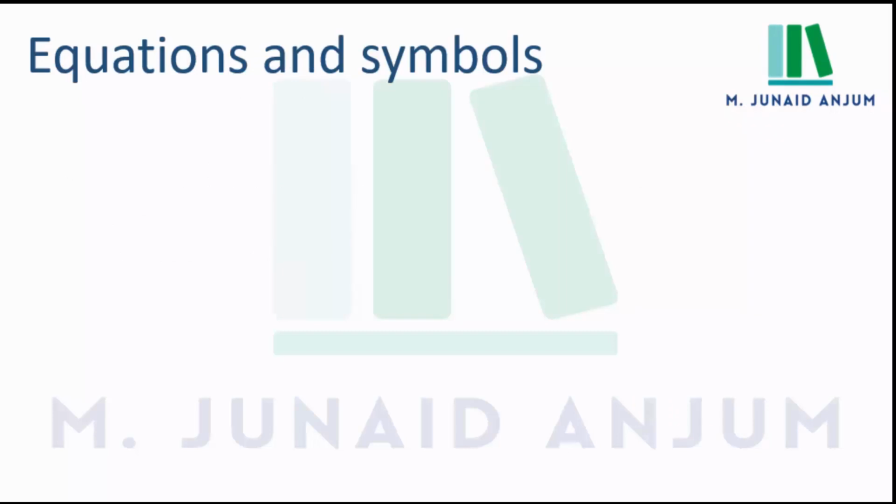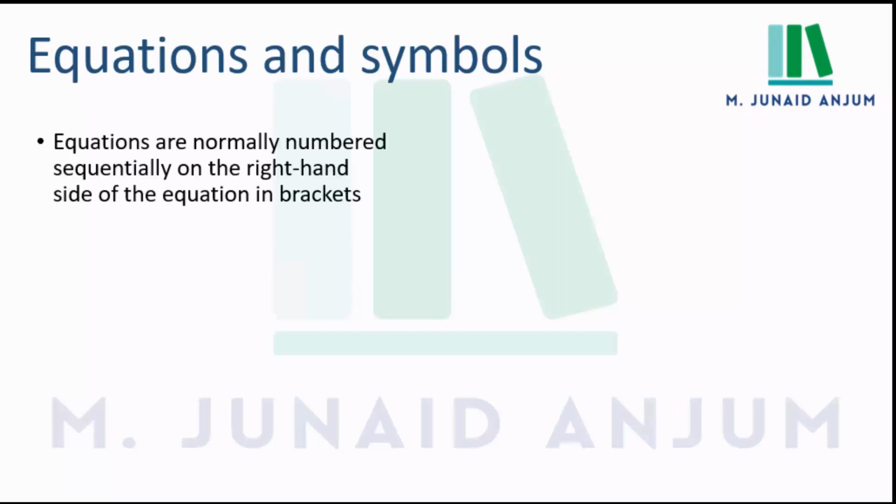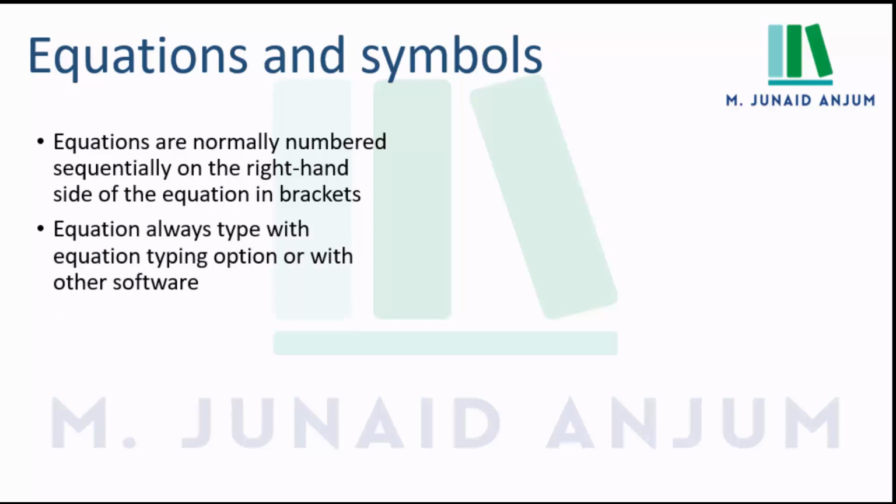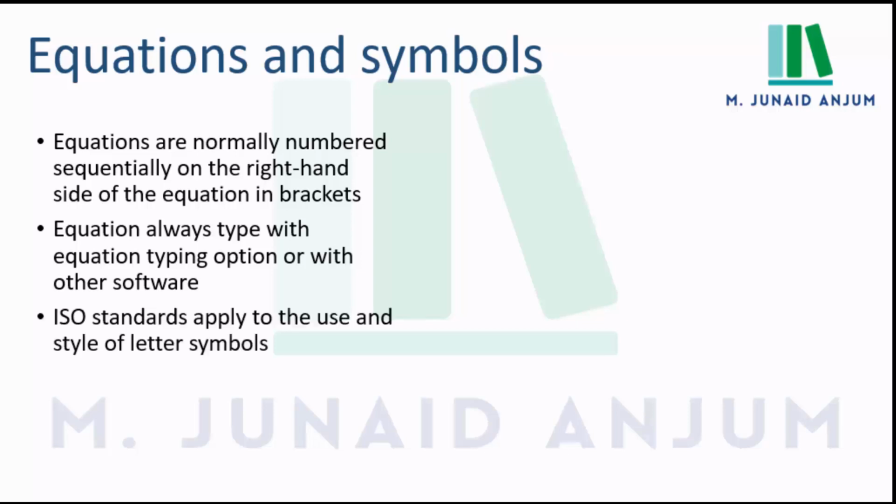The next thing is equations and symbols. Equations are numbered sequentially on the right-hand side of the equation in brackets, and equations should always be typed with the equation typing option or with other software like MathType. ISO standards apply to the use and style of letters and symbols. I will also refer to the general guideline for this particular section.